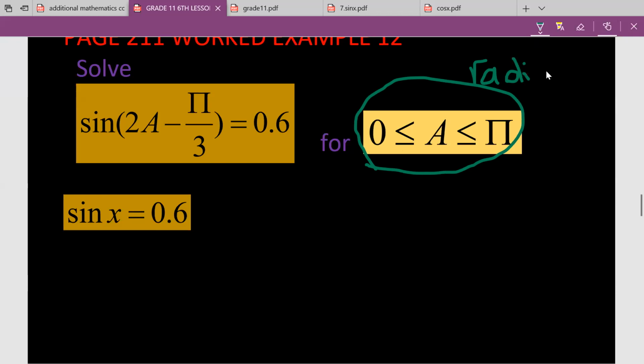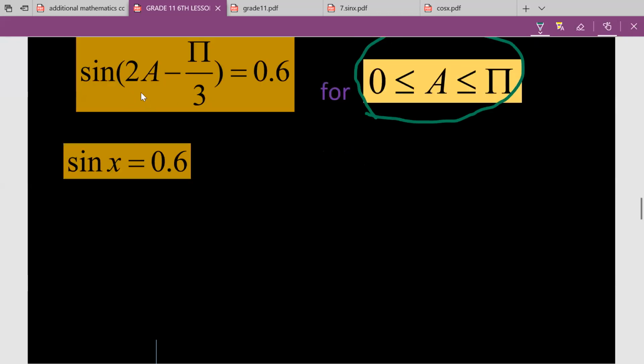Our calculator will be in radian mode. To find a, what will I do? Let 2a minus pi over 3 equal x.